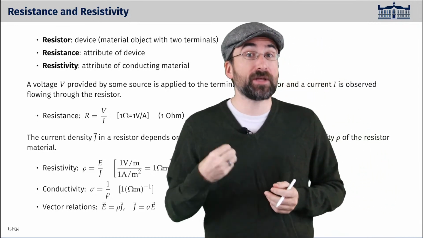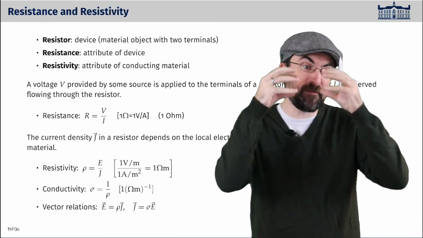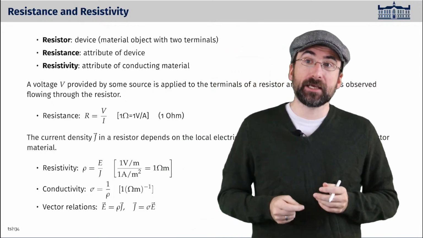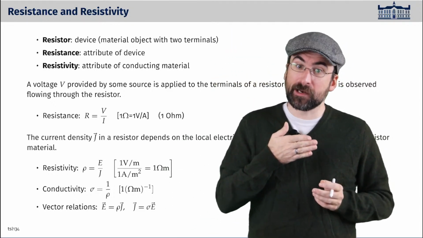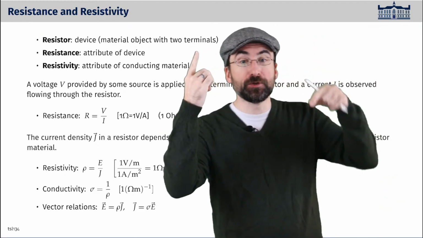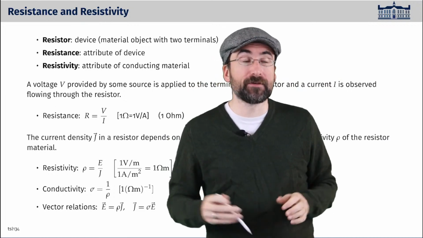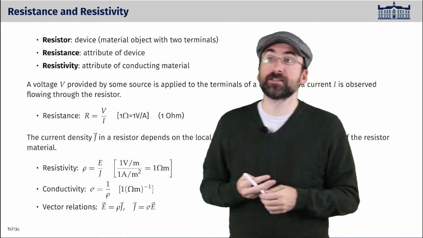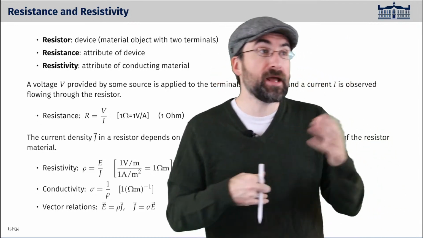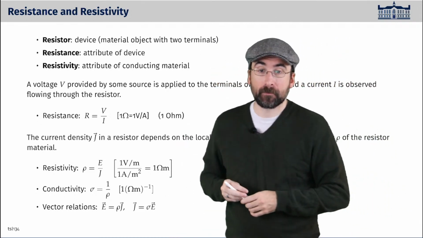This is an attribute of that specific device that quantifies how difficult it is to get current flowing through it. Higher resistances produce lower currents for a given voltage because those devices do not conduct electricity as well as, say, a wire might.